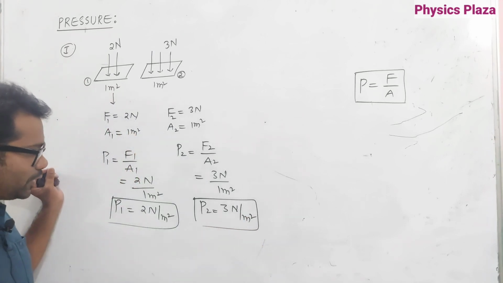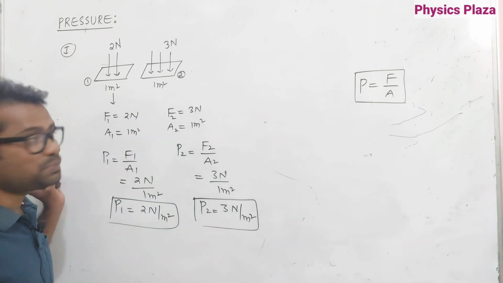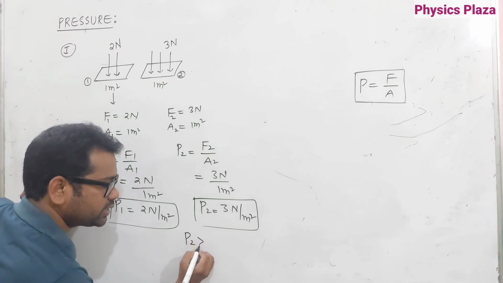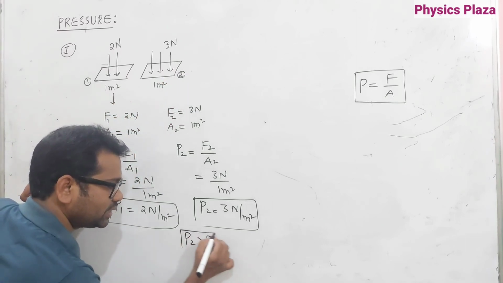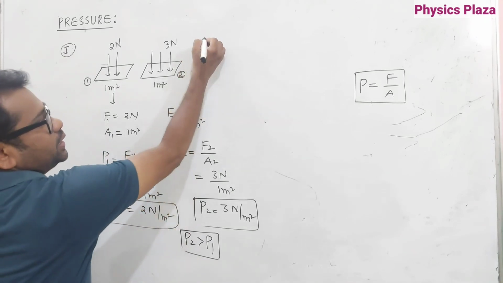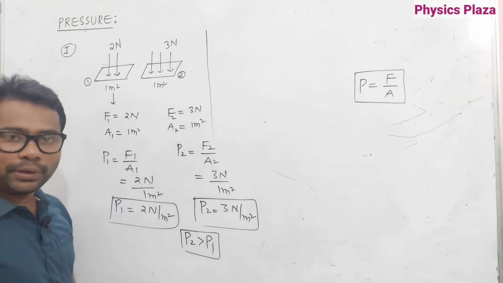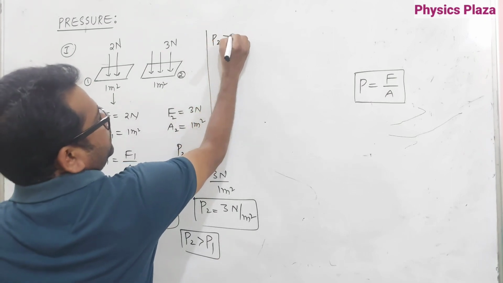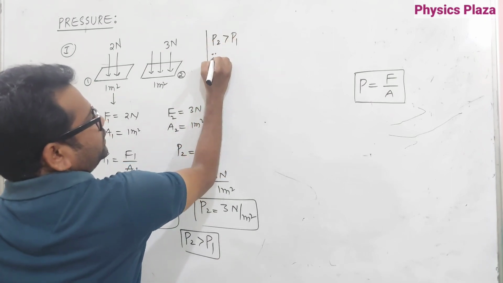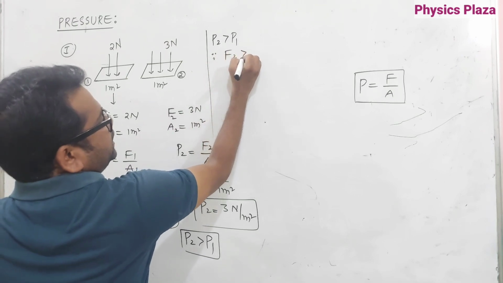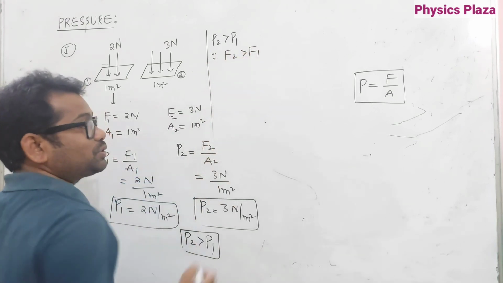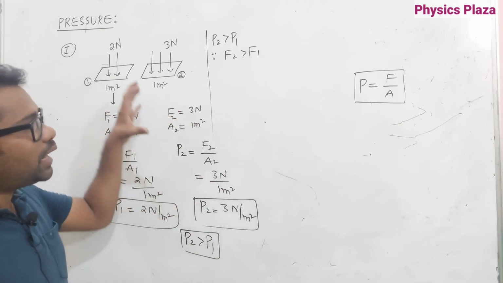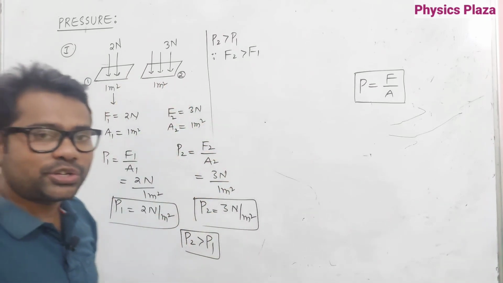So in which case is pressure more? Yes, second case. So can you say that P2 is greater than P1? Yes, P2 is greater than P1. Let me write here: P2 is greater than P1, since F2 is greater than F1. Children, very important. So what is the factor deciding the pressure?